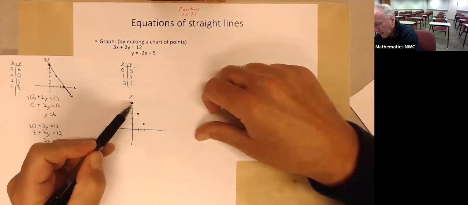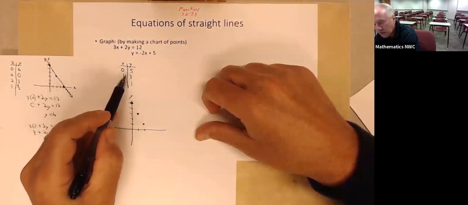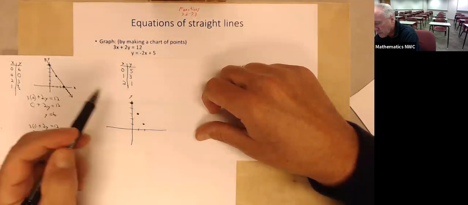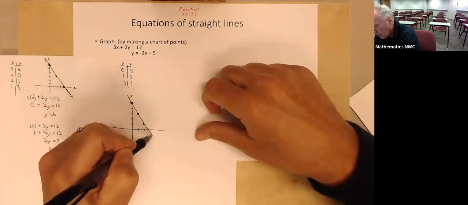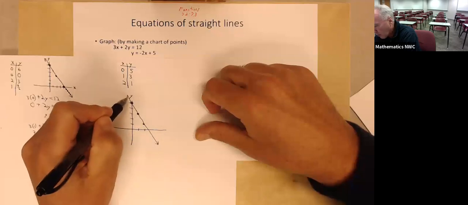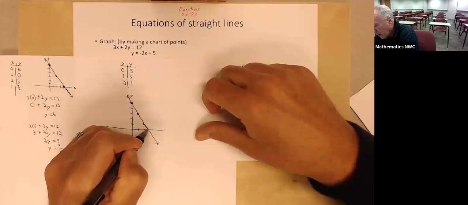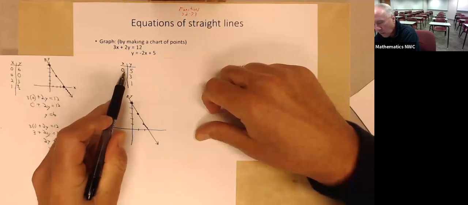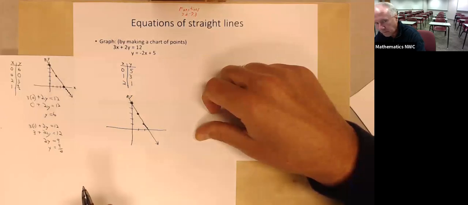They all lie in a line, which increases the probability that I've done these correctly because they're supposed to lie on a line. Again, all the points on this line, infinite amount of them, would have coordinates that would work in this chart to make that equation true.